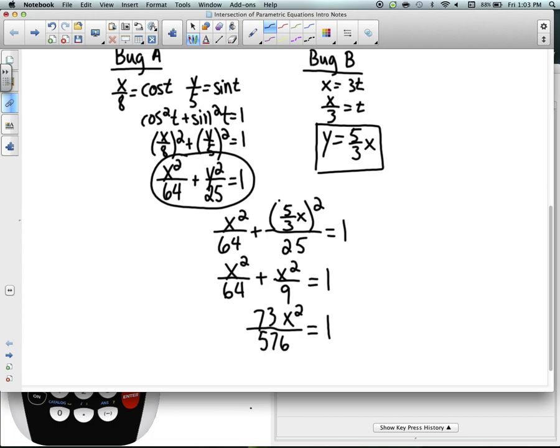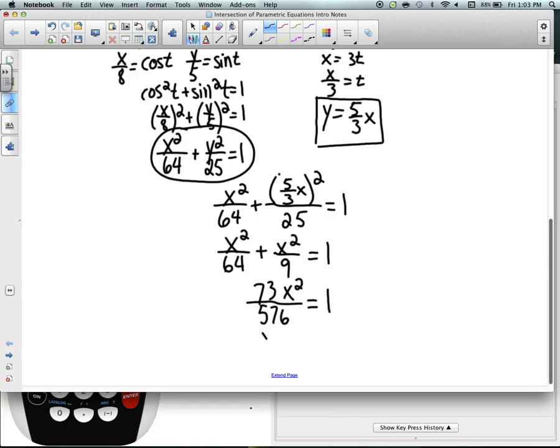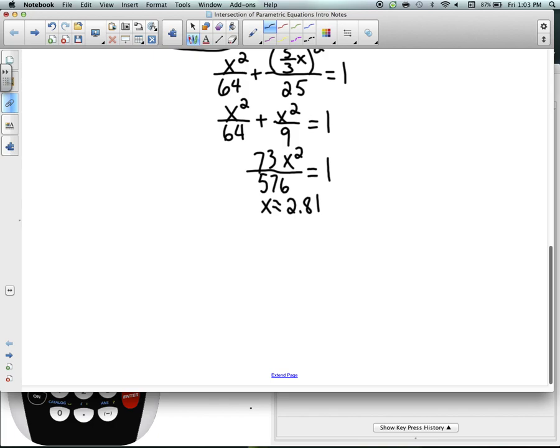So do that in your calculator. And then if we multiply that by 5/3, because we have the equation y equals 5/3 x, we get a y value of 4.68. So this is where the graphs do intersect if we're just looking at it rectangular-wise.